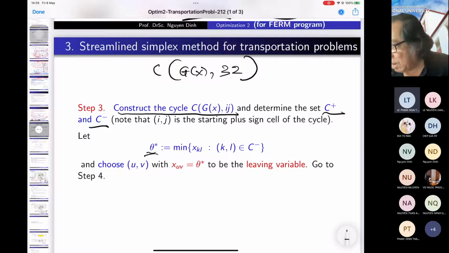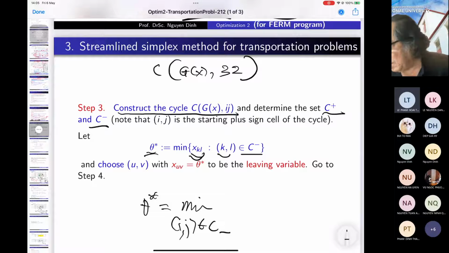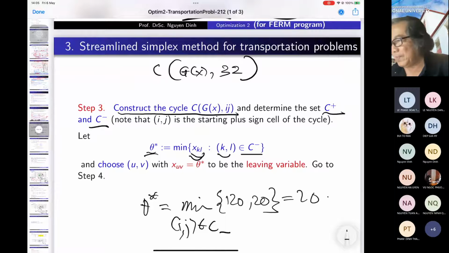And you let theta star be the minimum of x_kl with kl belonging to C minus. Remember, I make theta star equal to the minimum over C minus. It is the minimum of 120 and 20, and that is equal to 20. So you choose the x_uv which gives theta star.